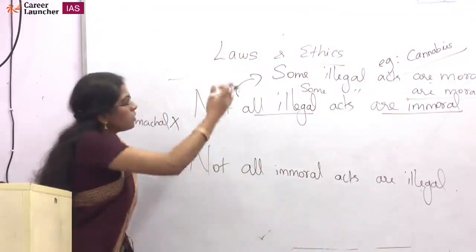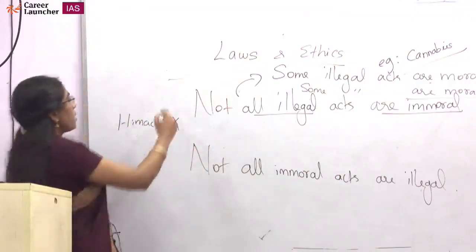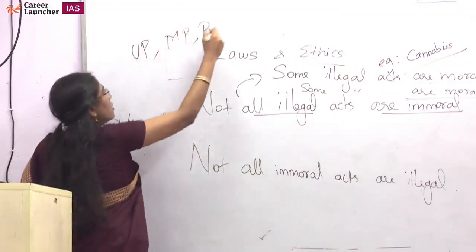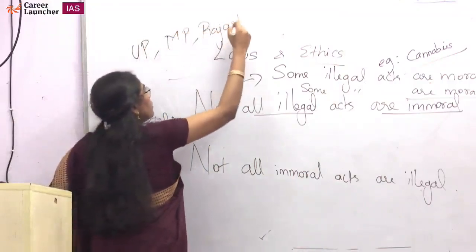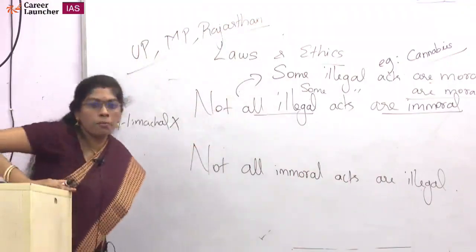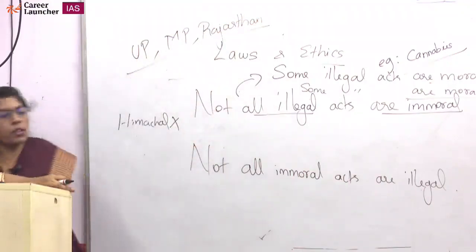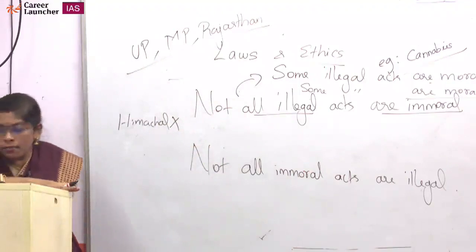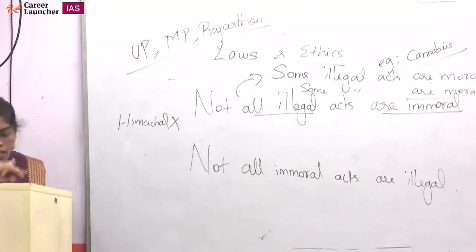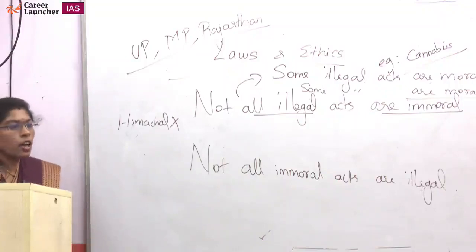So for illegal acts, cannabis, you see UP, MP, Rajasthan. These are the three places where they allow drugs legally to grow for medical purpose. There was also a law which is governing it. What is that? The Narcotics, Drugs and Psychotropic Substance Act.